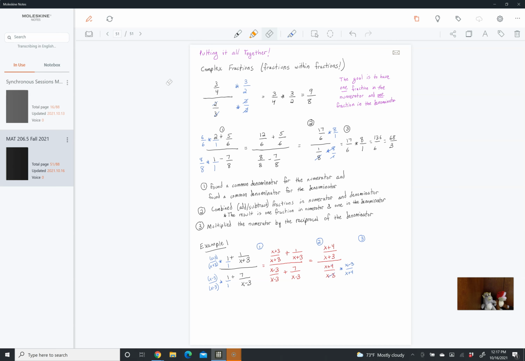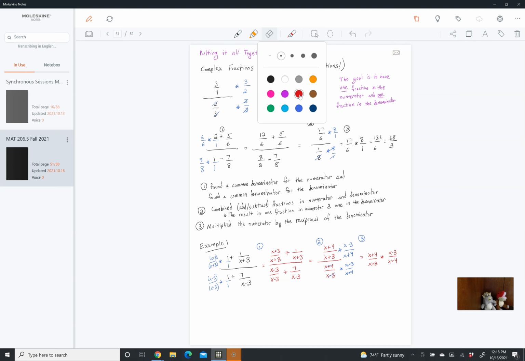So the x minus 3's cancel, the x plus 4's cancel, and we do the same thing up here. Notice it's x minus 3 over x plus 4, so you're multiplying by the same thing on top and bottom, which leaves you with x plus 4 over x plus 3 times x minus 3 over x plus 4.